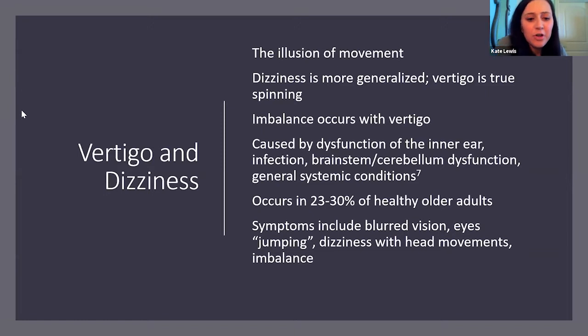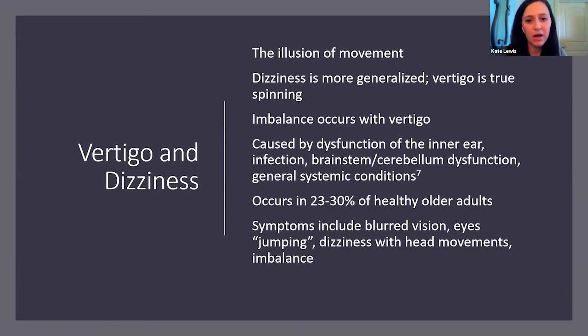So, talking about dizziness. Vertigo or dizziness is the illusion of movement. A lot of times vertigo and dizziness get used synonymously, but they do have a bit of a difference. Dizziness is a more generalized term, and vertigo is true spinning. Imbalance occurs with vertigo: imbalance, unsteadiness, things like that.